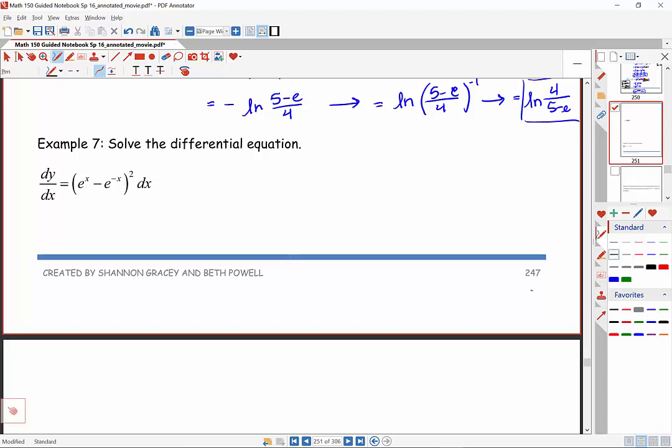I shouldn't have had a dx here. So then what would happen is you'd multiply both sides by dx. This one would divide out. We'd be left with dy is equal to e to the x minus e to the negative x, the quantity squared, dx.